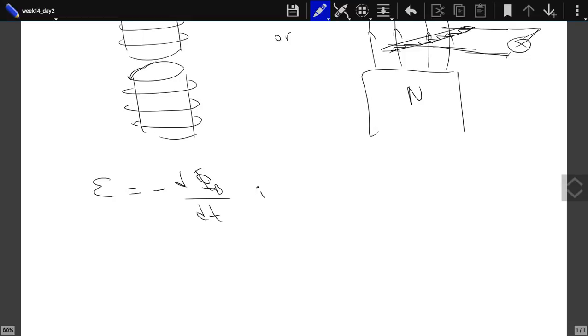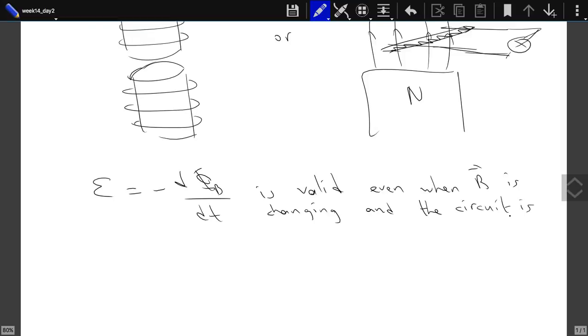So this equation holds even if the circuit is at rest, the circuit is not moving, but the B field is changing.